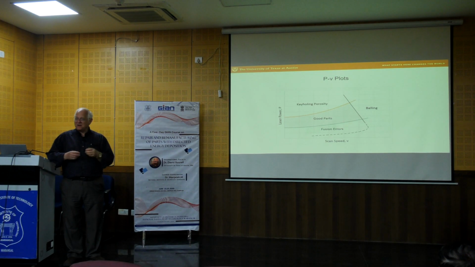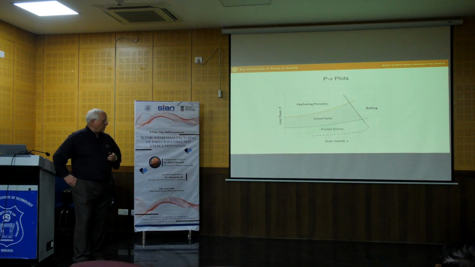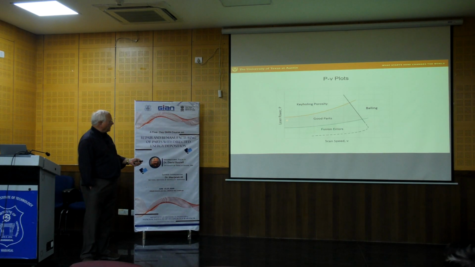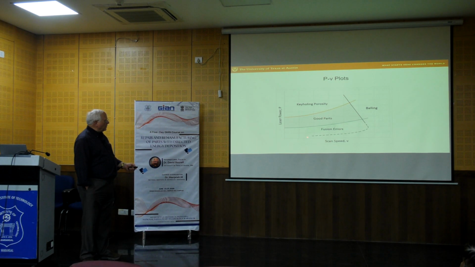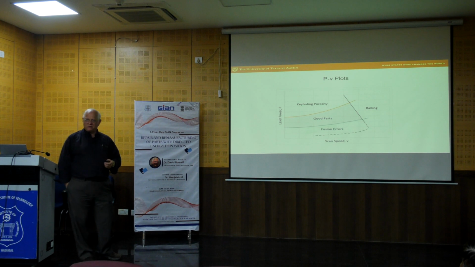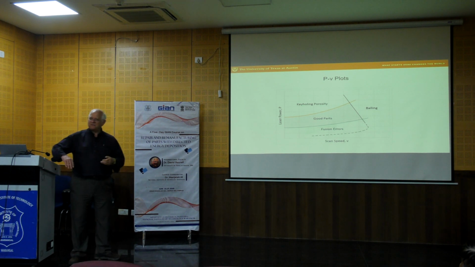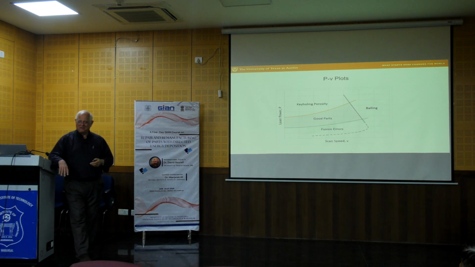Again, it doesn't work for ductility or toughness, but for these other properties, it works very well. So there's a place where we get good parts. Below here, there's a region where we have so-called fusion errors. We'll talk about these more, if not today, later in the week. I'm going to delve into this in great detail, show you micrographs and what these things look like.